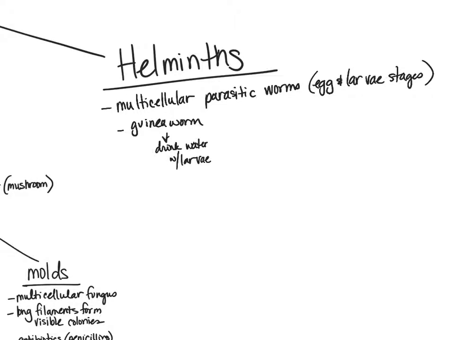But some other examples that you may be more familiar with are different tapeworms, for example. So there's a beef tapeworm, there's the pork tapeworm. You can get those by eating raw or undercooked meat. But then also something like pinworms that can be transferred just through physical contact.